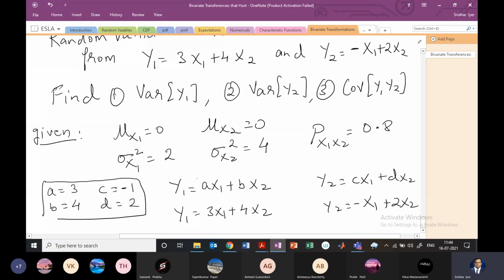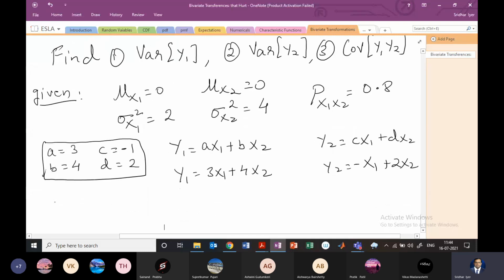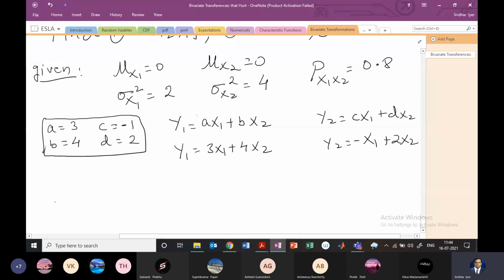Okay, so now let's try to find the values. You must already be a little happy because the mean values are 0. So the things are going to be a little easier in this problem. First we need to find the variance of y1. Let me write this mathematically: sigma square y1. That's what we need to find.